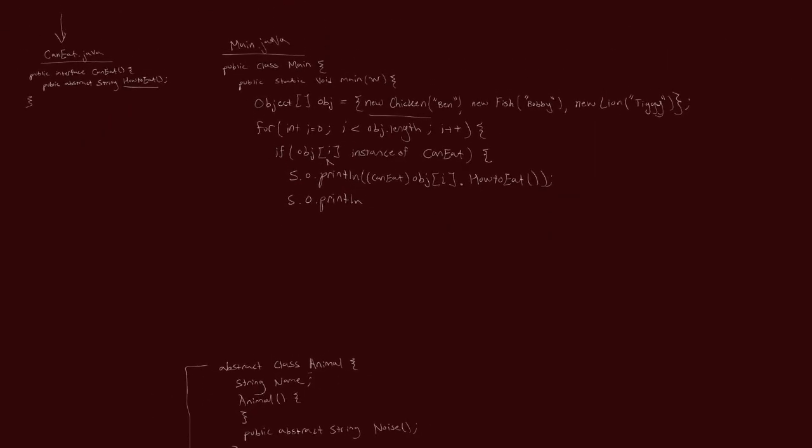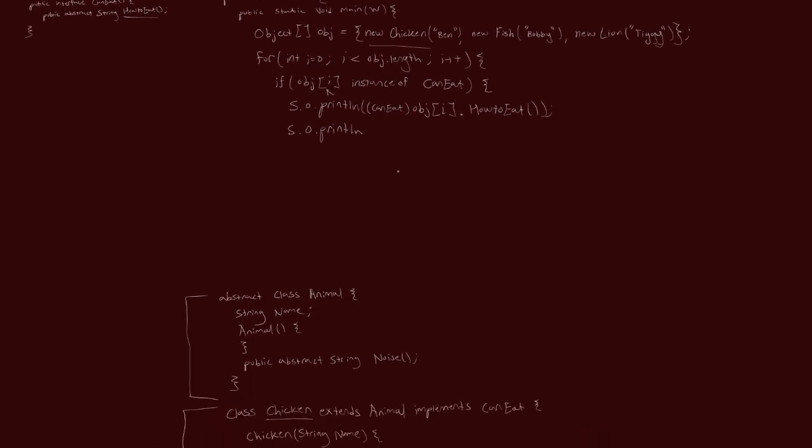The noise one belongs to the animal one, so we would cast it as an animal, because see it's public. The abstract method is inside the animal class. So what we do is animal, so we can cast new chicken from an object data type to an animal data type, and we do obj i, and we do dot noise.